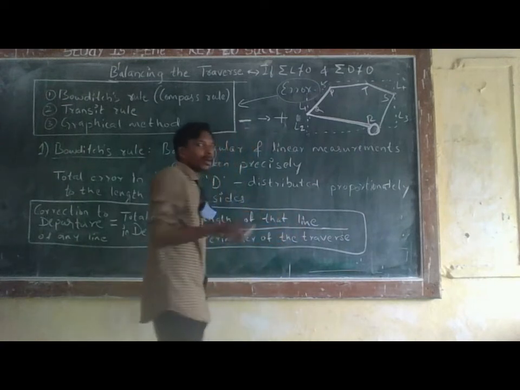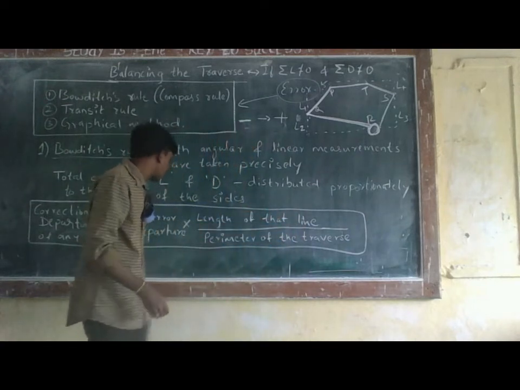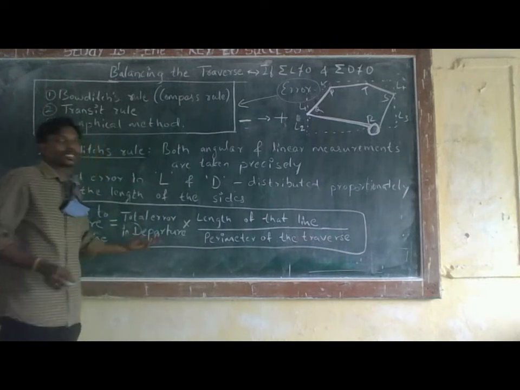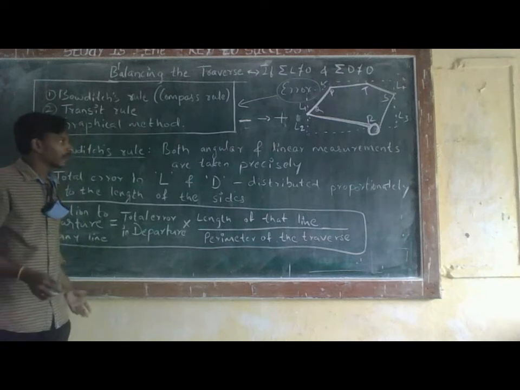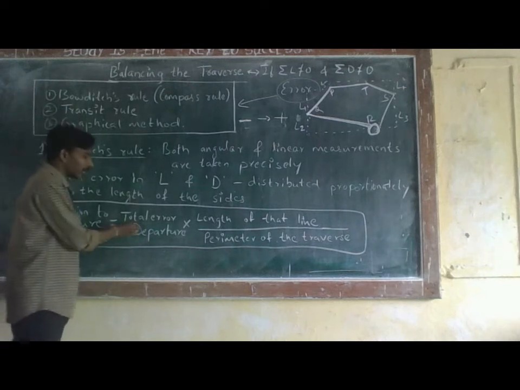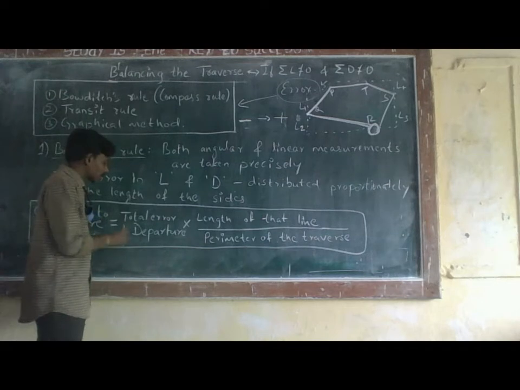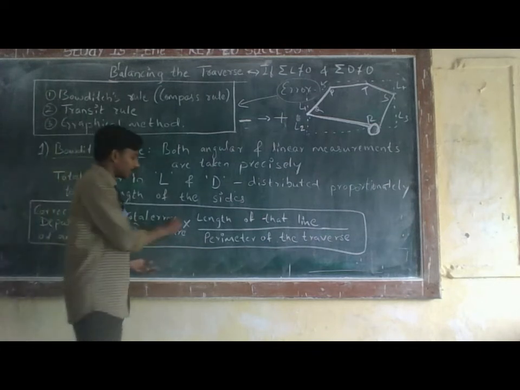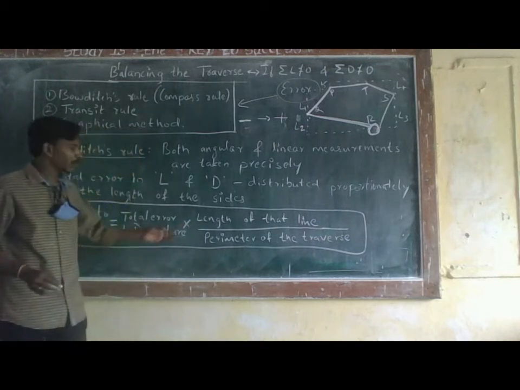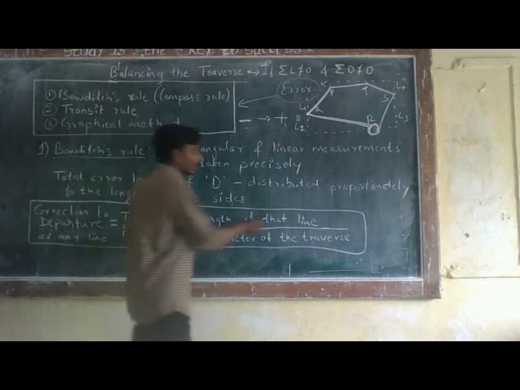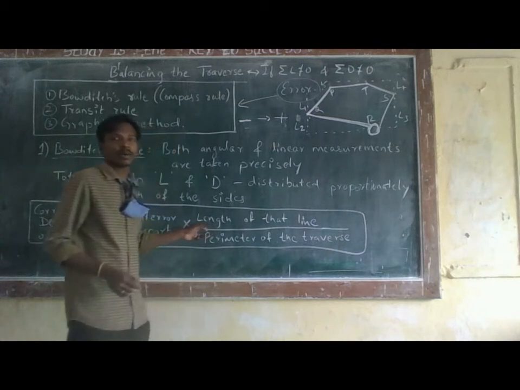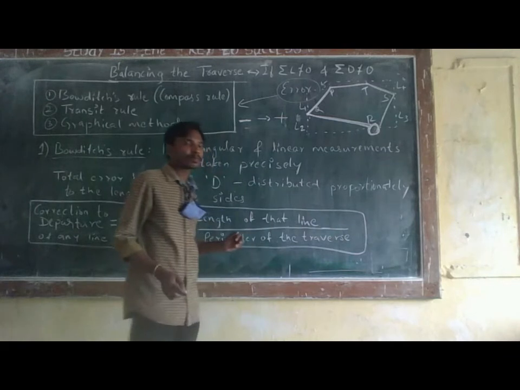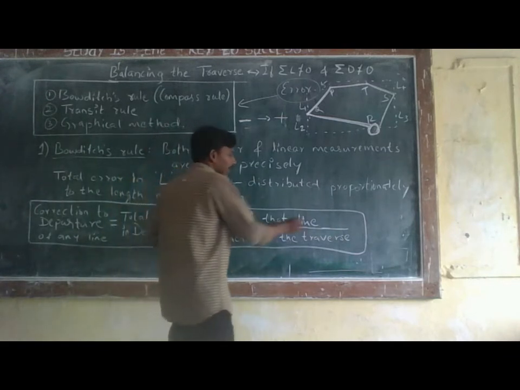It may be minus or plus, but here you have to take the same value but change the sign. If it is plus, keep minus here. If it is minus, then take plus in the formula, and that total error in departure must be multiplied by the length of that line. So for which line you are going to correct the departure, take the length of that particular line.